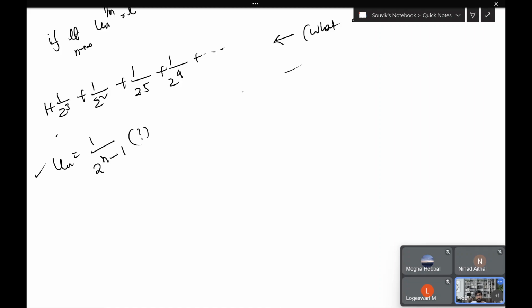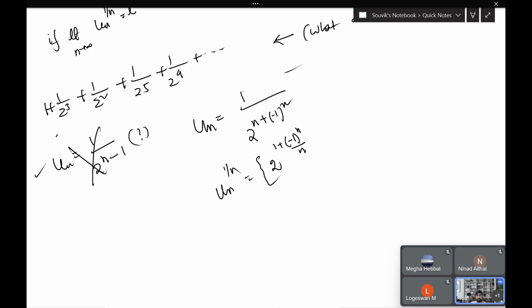Omega, are you getting the nth term? Not really, sir. Okay, so let me write it down. Nth term is equal to 1 by 2 to the power n plus minus 1 to the power n. So this is the nth term. And now if you power it 1 by n, this will be 2 to the power 1 plus minus 1 to the power n by n, and in the limit this converges to half, which is less than 1.